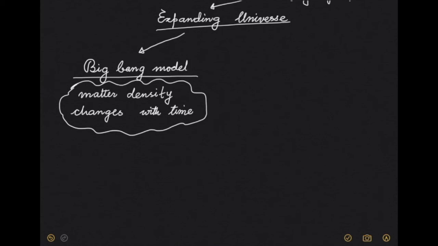Okay, so that is one of the models. What is the other model? The other model is called the steady state model.